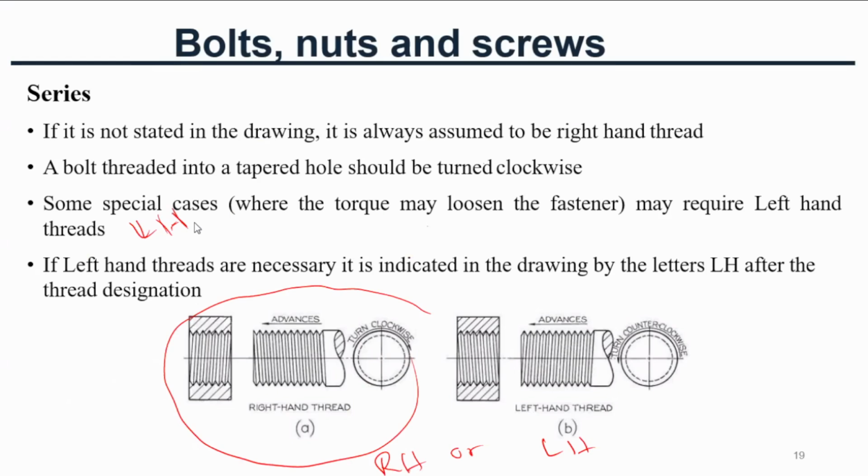Commonly, when left hand threads are used, the drawing will clearly show LH for left hand thread, and RH for right hand thread. In some drawings, as an example, you can see M10 by 1.5 LH.